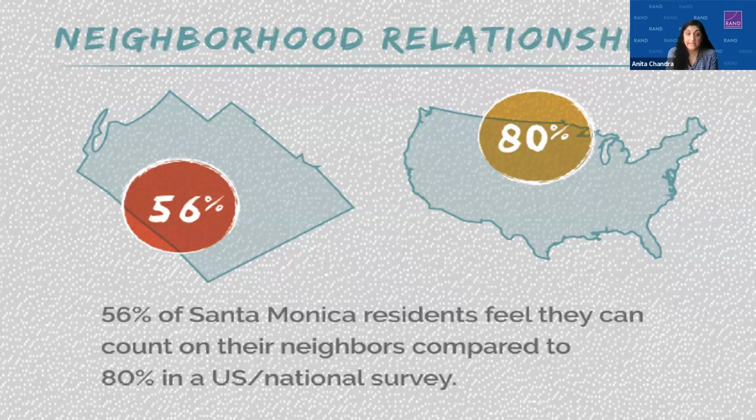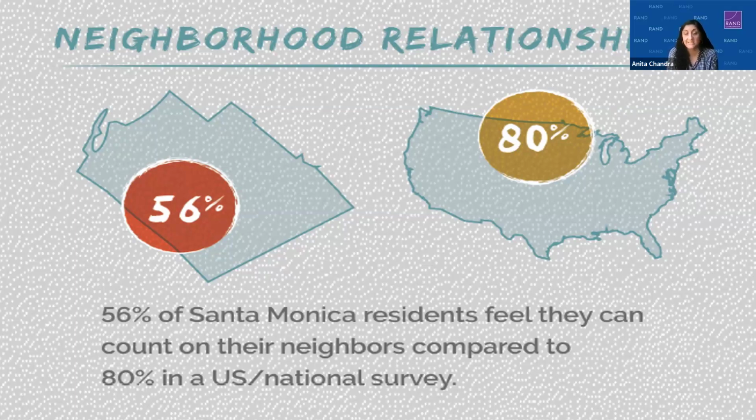Santa Monica really prided itself in terms of its civic engagement, people getting involved in city council, and that's all very true. But when they actually asked residents whether they felt that they could count on their neighbors, a very key indicator of neighborhood relationships and social connection, they actually found that they were falling short. And so what this suggested to Santa Monica was two things.